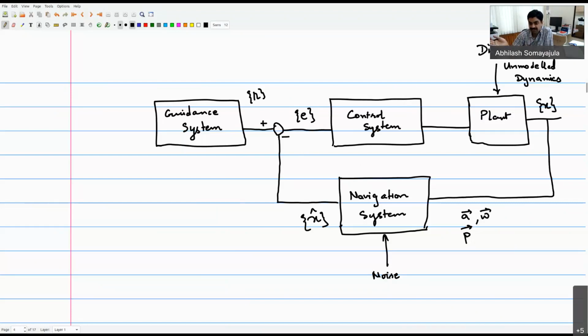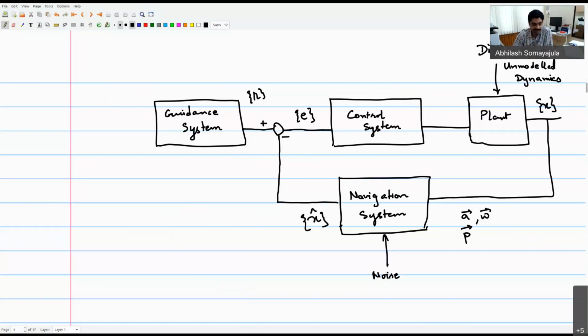We can't measure x, so we only measure a portion of x. We try to reconstruct x, add it to our reference signal, find the error, feed it to our control system, which drives our plant, and this process keeps looping around. Okay, that's what a typical control system looks like.